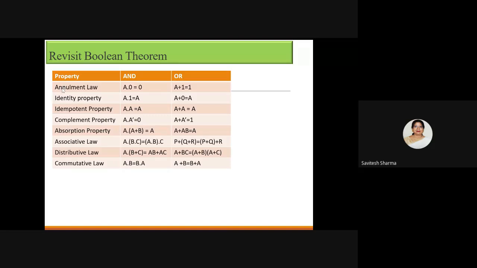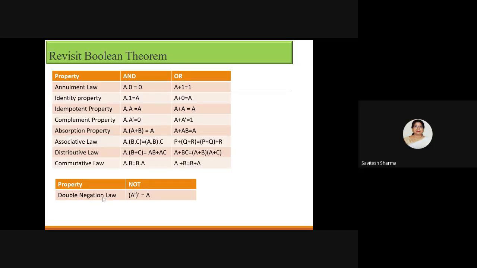Here I am showing 8 properties for AND and OR: first the annulment law, second the identity property, third the idempotent property, then the complement property, absorption property, associative law, distributive law, and commutative law. One property is there for the NOT operation, called the double negation law.